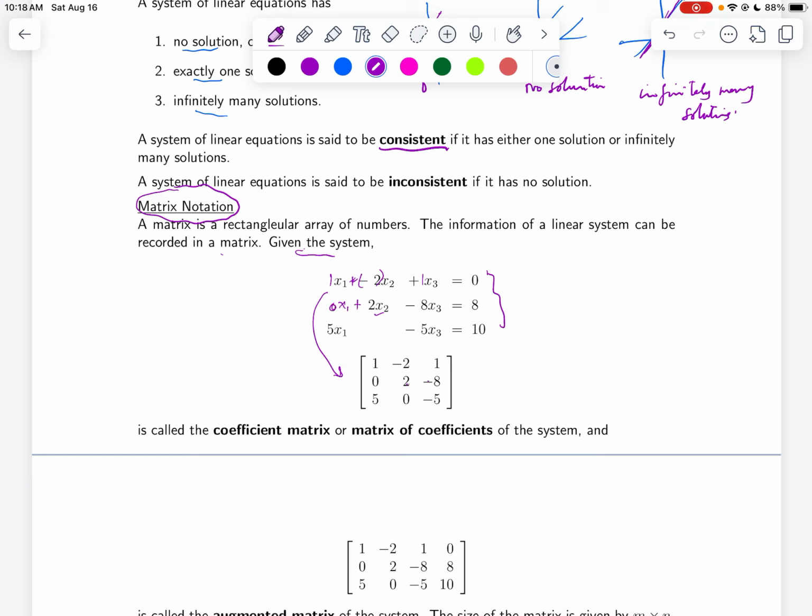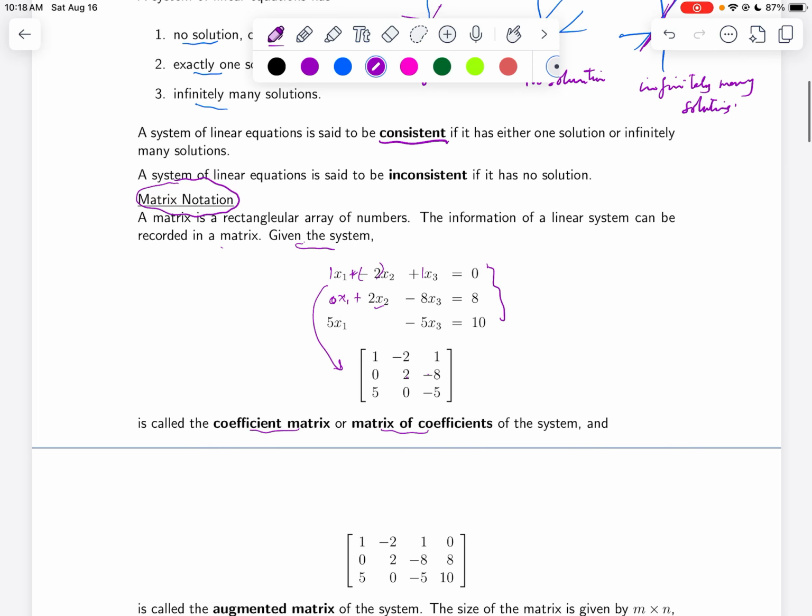So the coefficient of x1 here is 0. So for any missing term, the coefficient is 0. Now coming to the third equation, 5x1 minus 5x3. Now x2 is missing, which means the coefficient of x2 is 0. 5, 0, negative 5. This is the coefficient matrix, or matrix of coefficients.